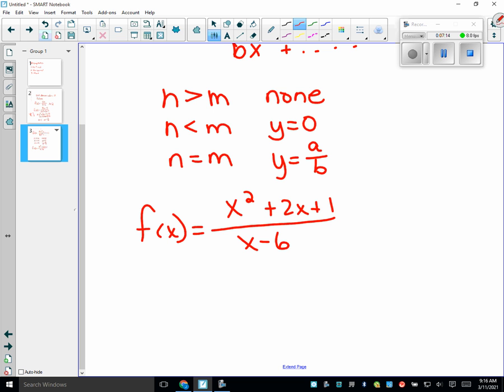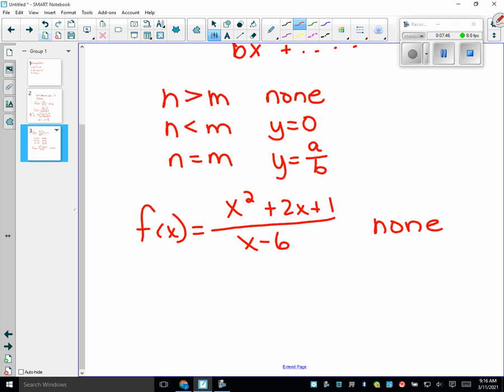In this case, n is 2 and m is 1. Is n greater than m? So what is my horizontal asymptote? None. Do you see what I mean? It's not as bad as what it looked like.